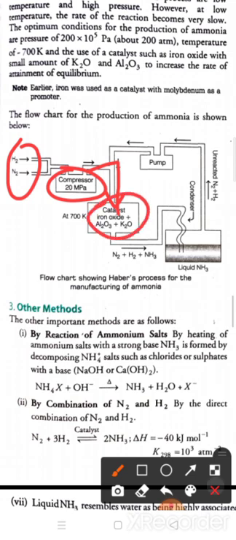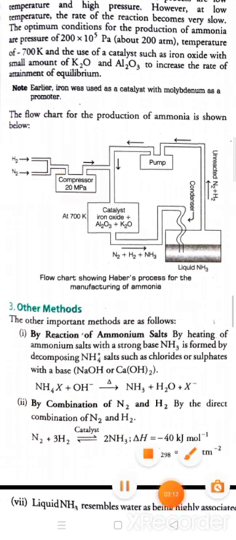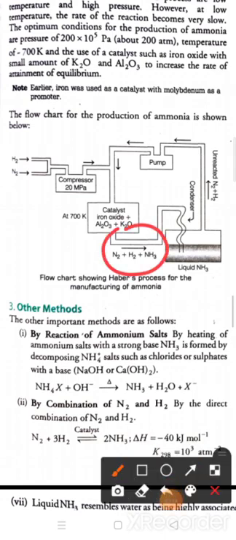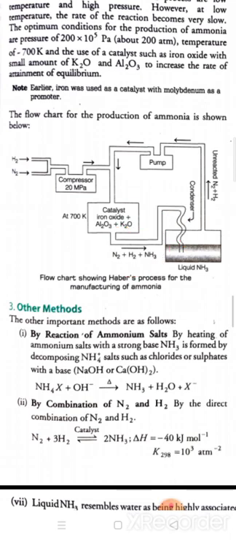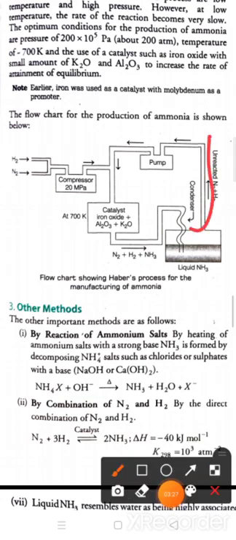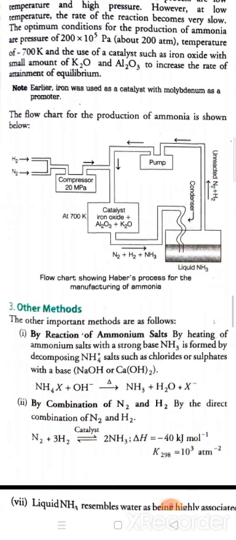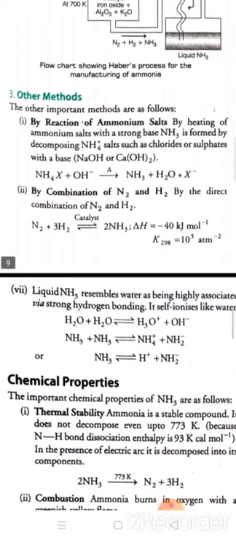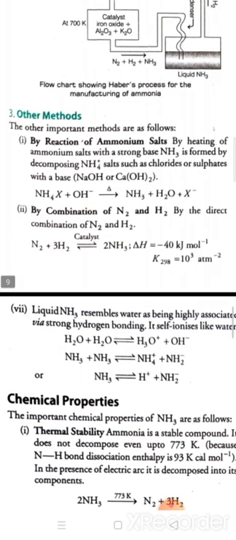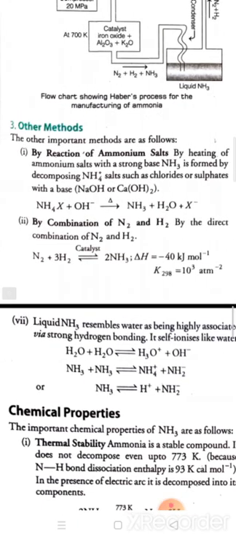After the catalysis, the gases H2, N2 and NH3 go into the condenser for liquefaction, and the remaining H2 and N2 go to the pump and then react again in the catalytic chamber. In this way, industries can manufacture NH3, or ammonia.